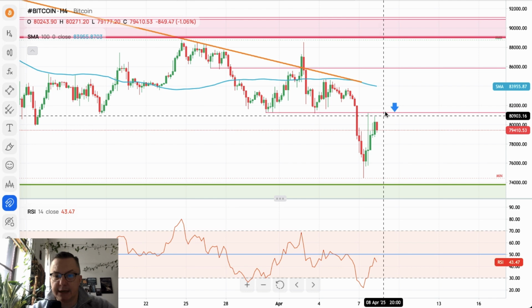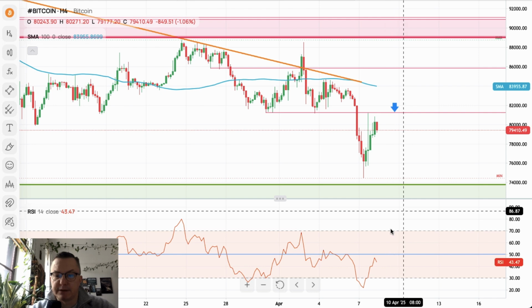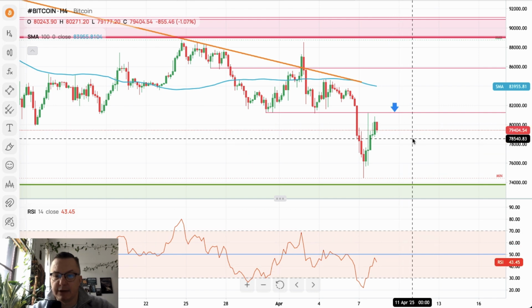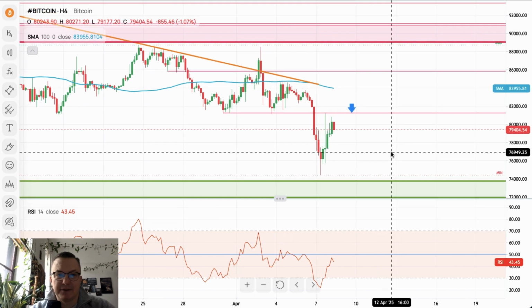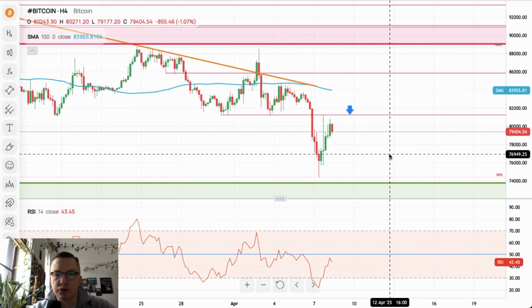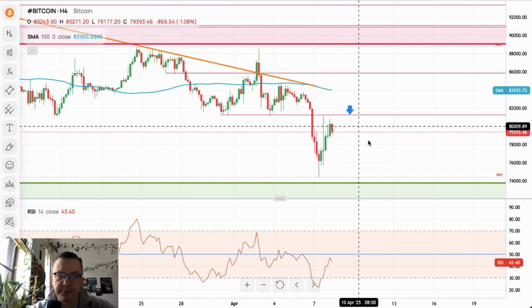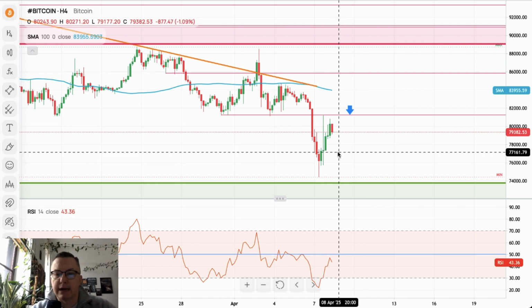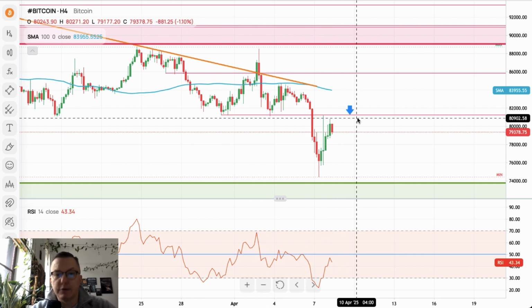That line here is the 50 level on the hour side, separating positive sentiment from negative sentiment. So we are still negative, basically, on the sentiment scale. And right now it looks like the market wants to settle down a little bit, goes up, goes down, see what's going on, maybe test this technical resistance again, and then we will see what will happen.